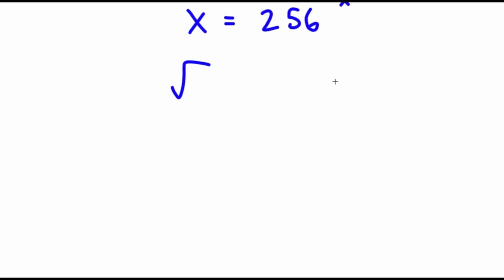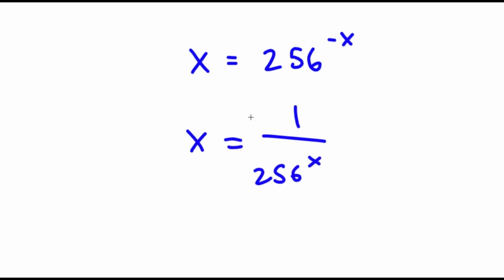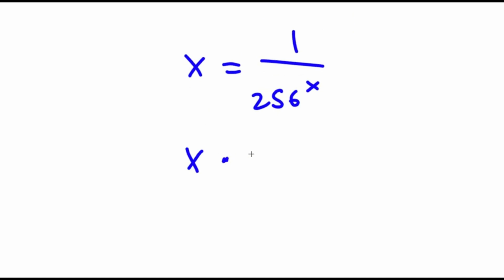So before we do that, actually, I'm going to rewrite 256 to the power of negative x as 1 over 256 to the power of x. So now I can multiply x with 256 to the power of x, and this is equal to 1.